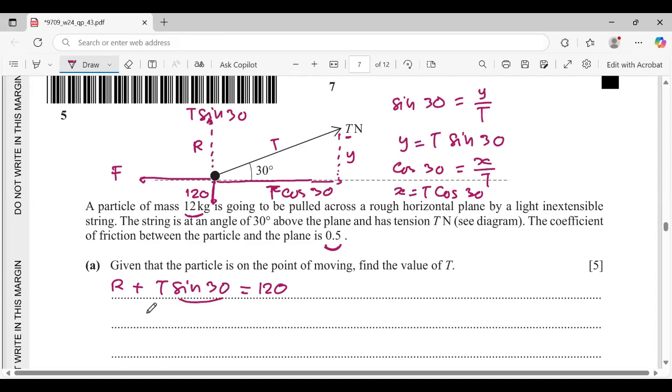Sine 30 is 1/2, so it becomes R plus 1/2 t equals 120.